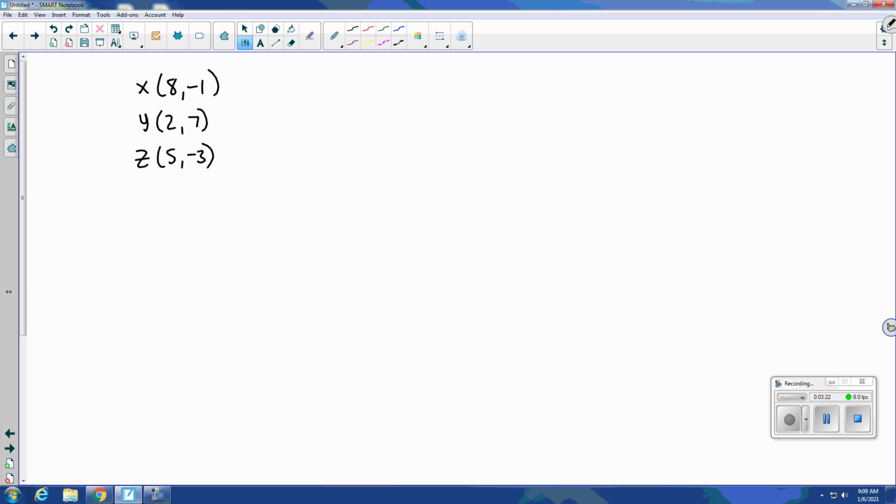Let's plot these points. So we have X, we have Y, and we have Z. Now, because the centroid is the point of balance, we also know that the centroid will always be on the interior of the triangle. You're not going to have a point of balance on the exterior of a triangle.